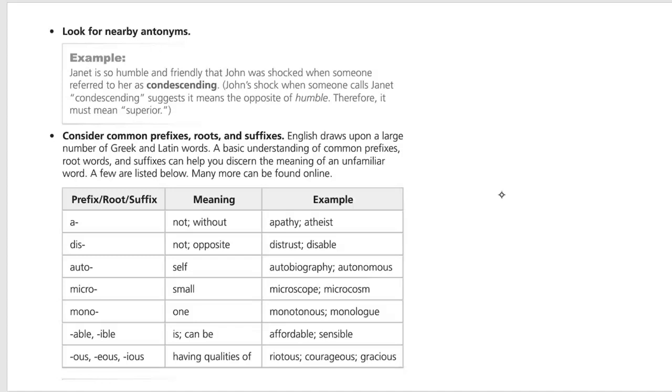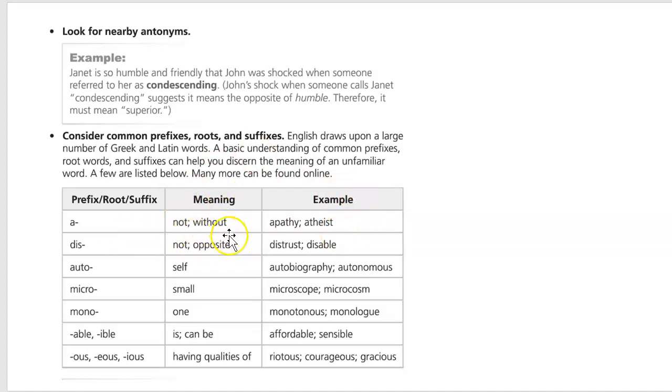So for example, apathy has the prefix a. And so apathy is going to be like without empathy. It's going to be the opposite of having an empathetic view. Atheist, again, has that prefix a. We know it's without God, so not believing in a God.